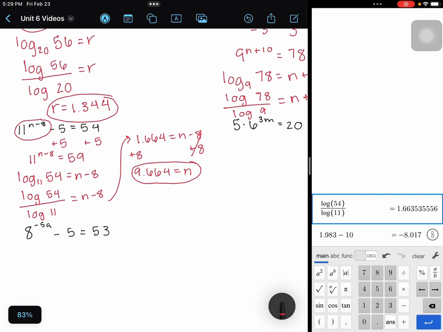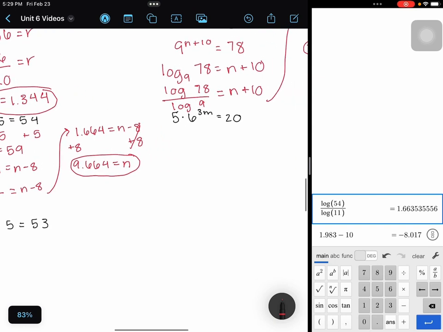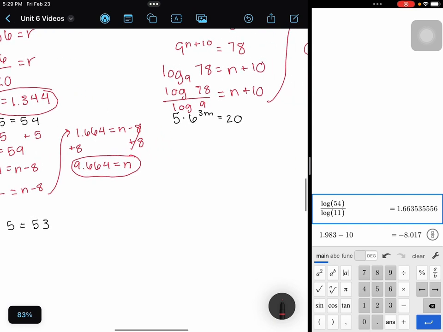All right. So our next one, in order to isolate our exponential, we see that we have multiplication happening, right? So in order to undo multiplication, we need to divide both sides by 5.